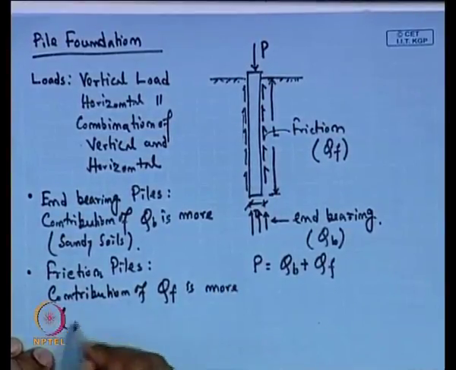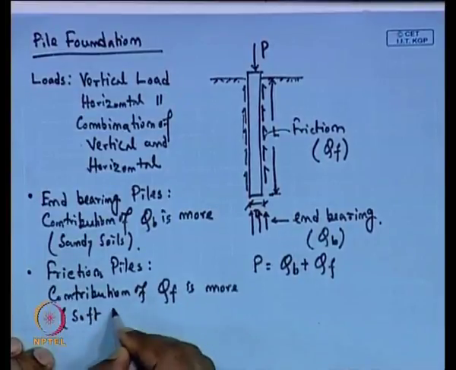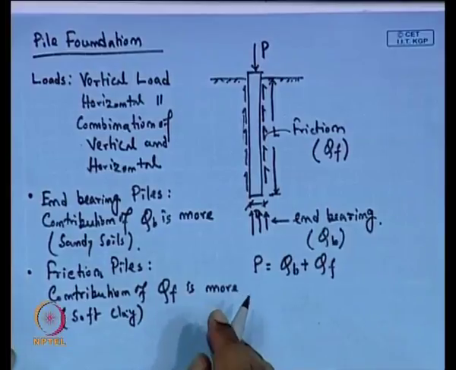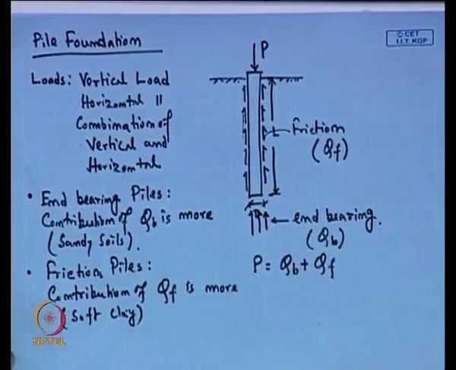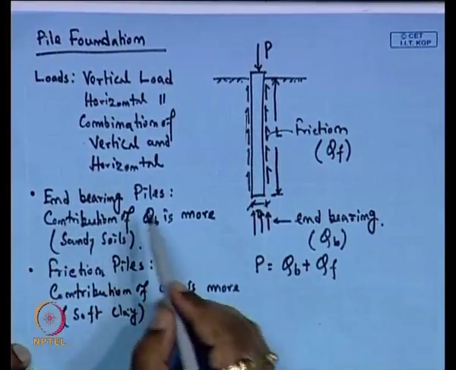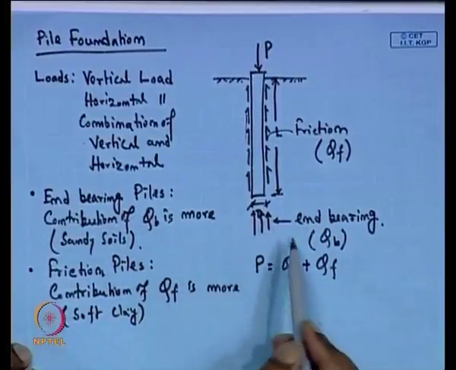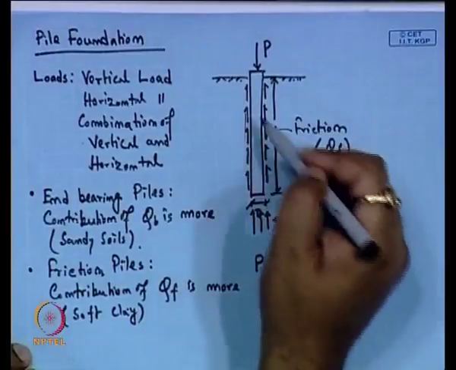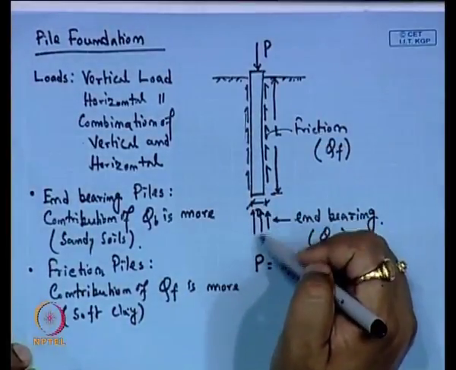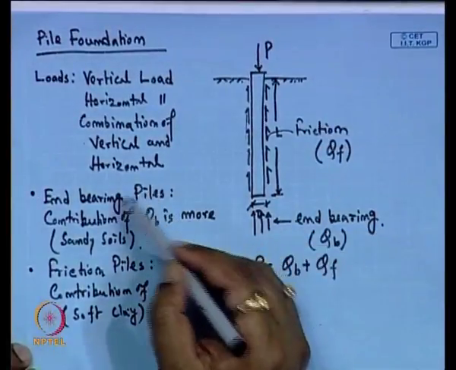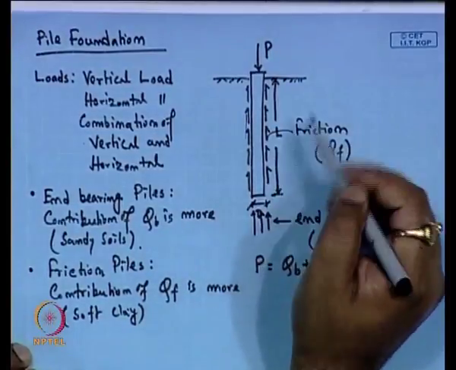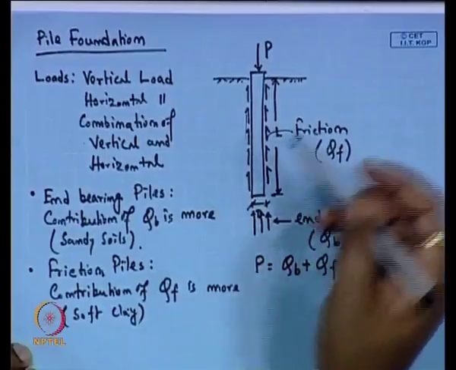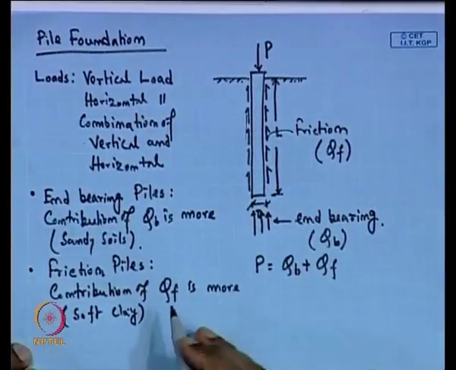So, this is the soft soil or soft clay where we will get this type of pile. Now, if the contribution from the bearing is more, that is the end bearing pile, where most of the loading is taken by this point resistance or the bearing. And if most of the load is taken by this friction resistance, that is the friction pile.